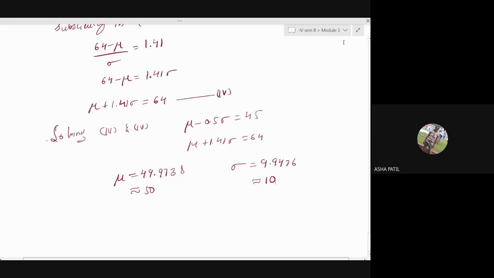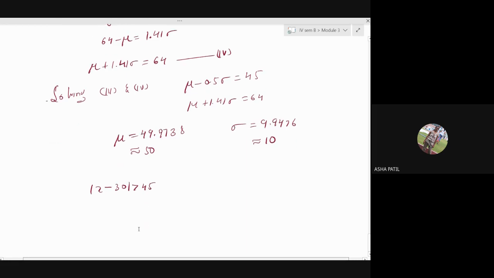Convert it in terms of z now. What happened? The mod of x minus 30 should be greater than 45. How will you write it usually?